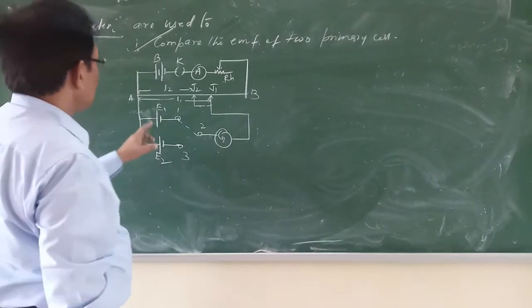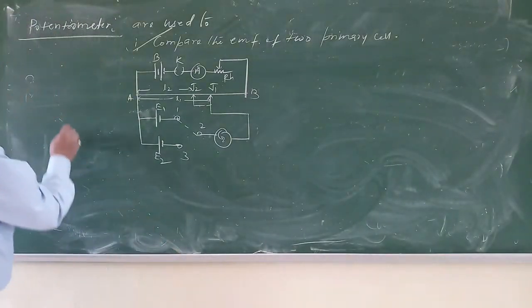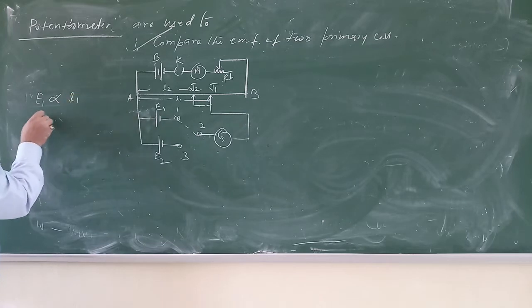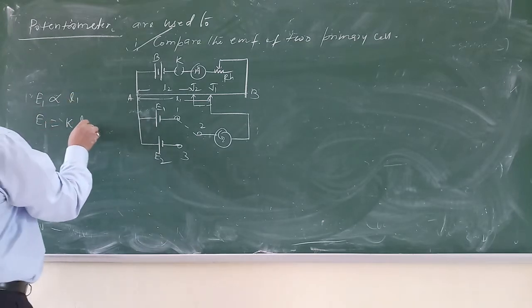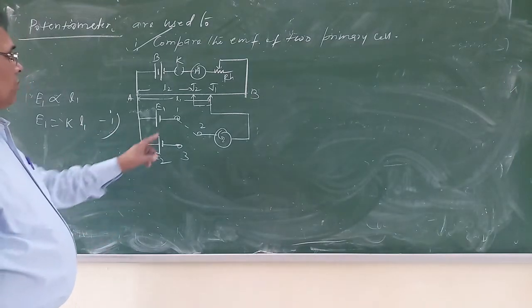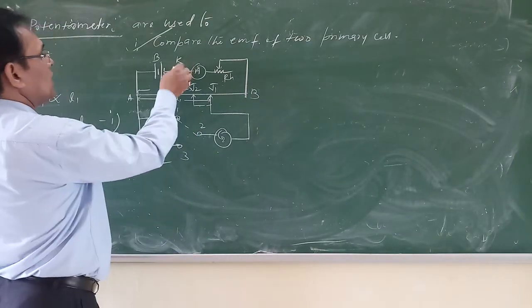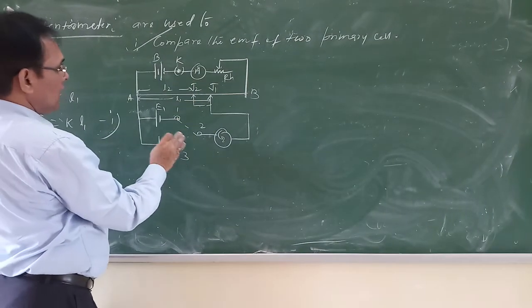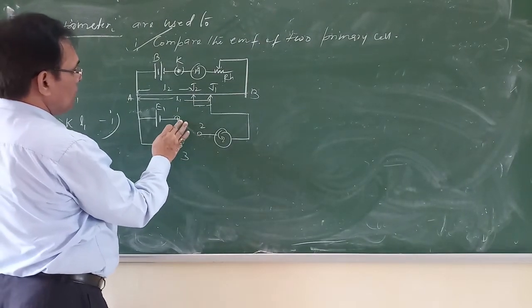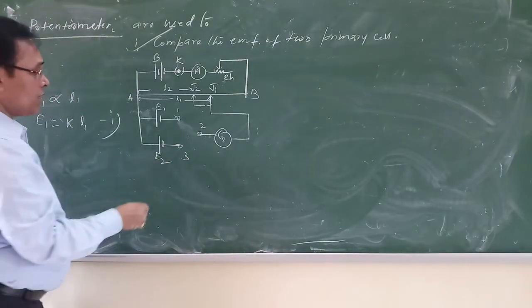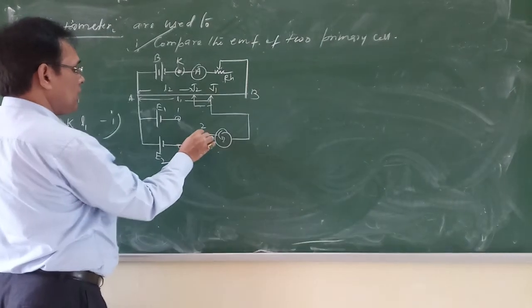So according to the principle of potentiometer, E1 is directly proportional to L1. Therefore, E1 equals KL1. First case. Now in the second case, the main key remains closed. Open the key from the gap 1, 2, and close the key in the gap 2 and 3.